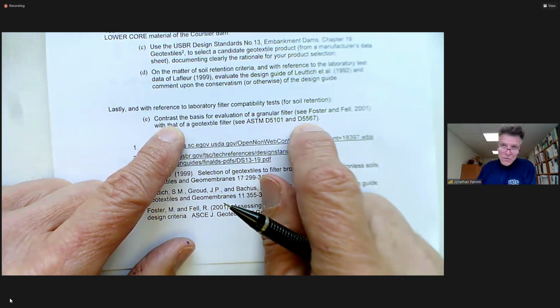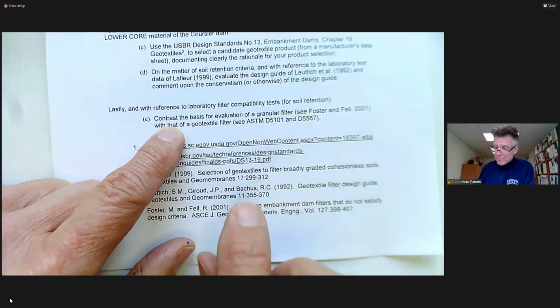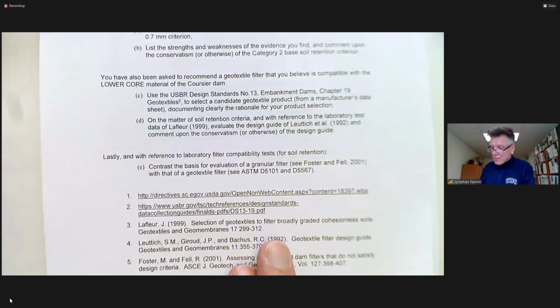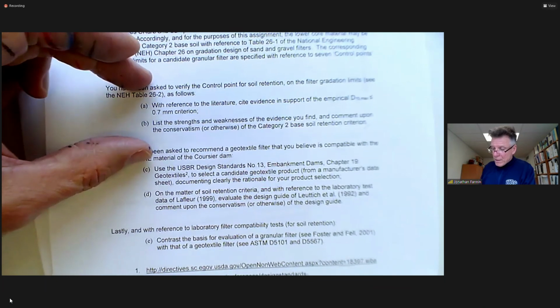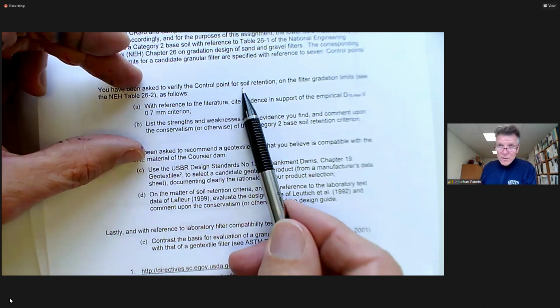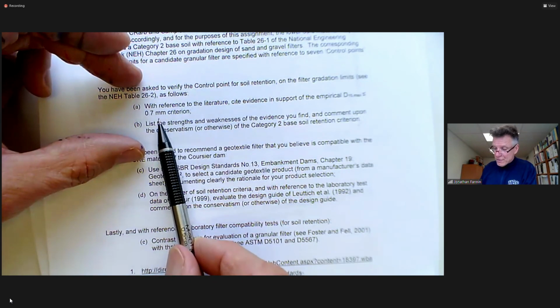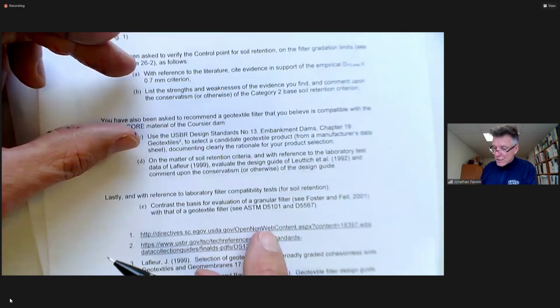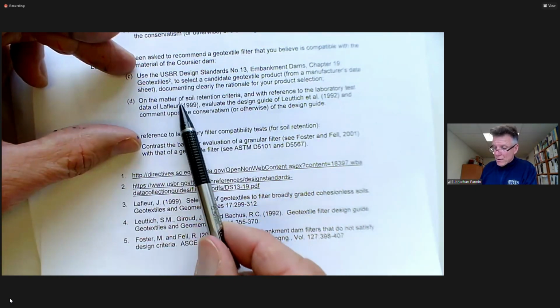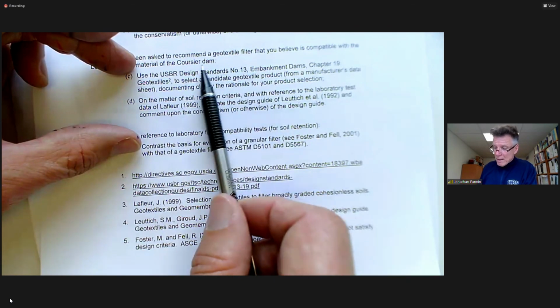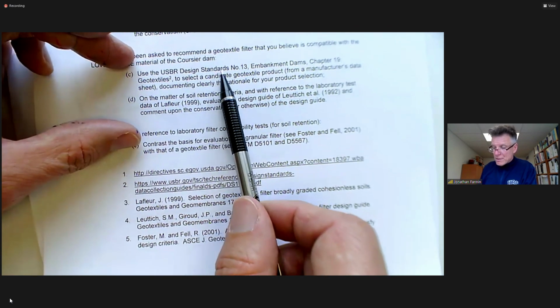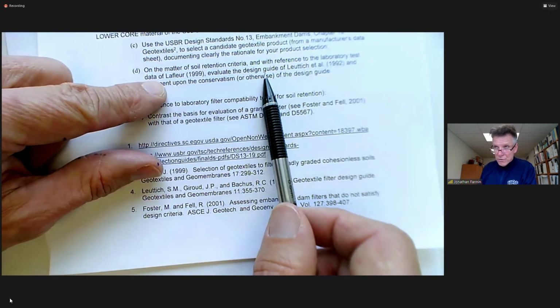And this one is the hydraulic conductivity ratio test. In other words, in a nutshell, become familiar, please, with soil retention empirical criteria for granular filters and their origins. Become familiar with soil retention and speccing a geotextile filter, but understand the origins of the empirical rules.